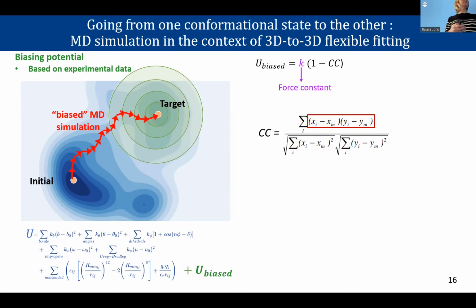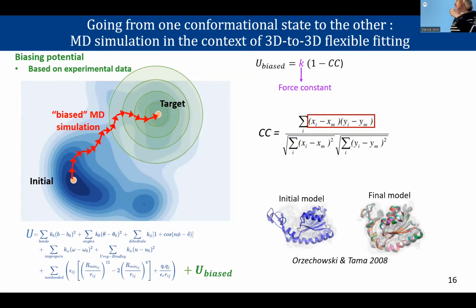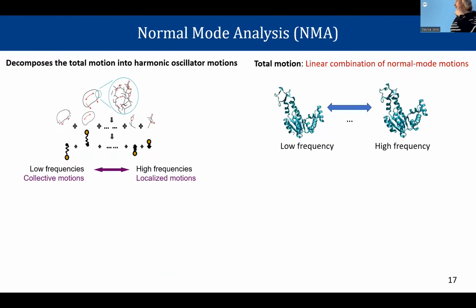I hope I replied to your question. Is it clear now? Okay, so this is just the principle. And yes, it was used a lot many years ago for fitting of this structure, again, to get an atomic representation of one EM map based on another atomic structure.